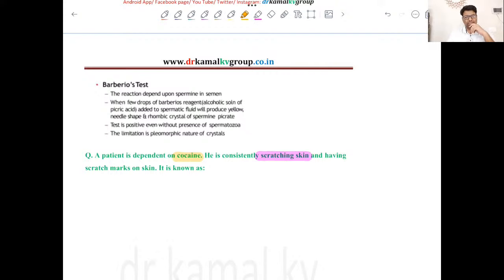Now what is this process actually known as? Here one point is of course cocaine, the second is scratching, or what you call itching. Now what this actually is, very good, it's a classical Magnan's symptom.